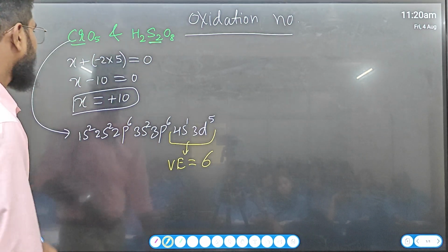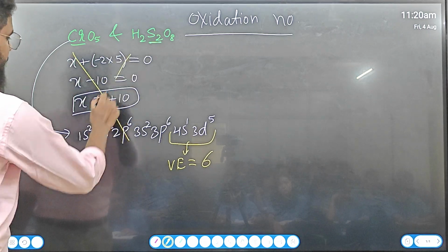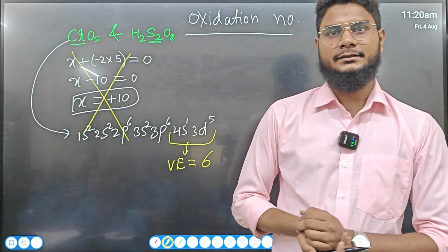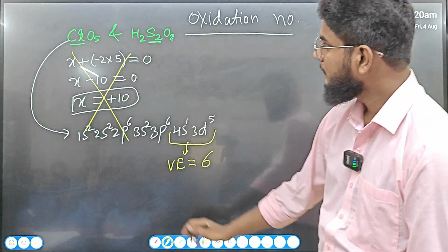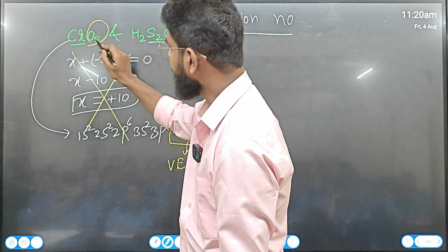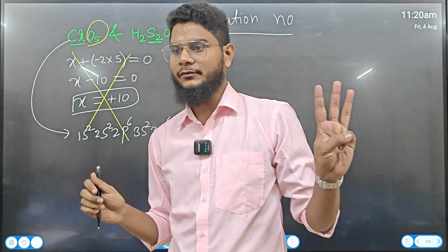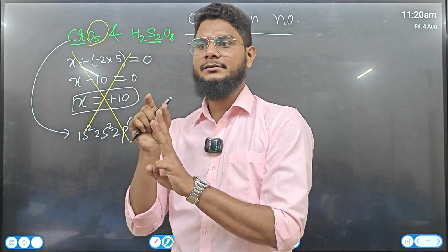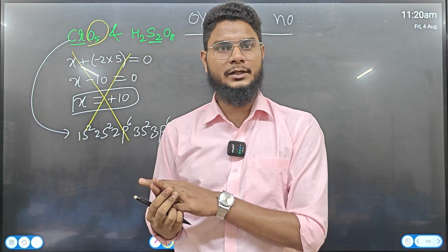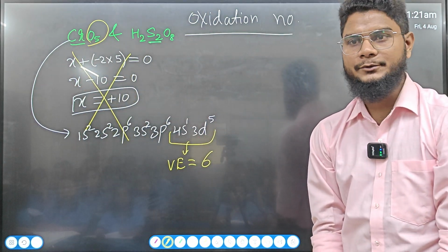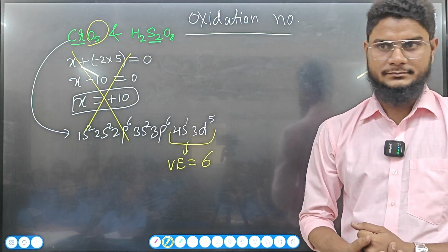It means this is wrong. You have to use some other method. In this case, you need to think about the oxygen. We have discussed 3 types of oxygen: superoxide, peroxide, and normal oxide. It means it is not normal oxide. You have to make the structure.